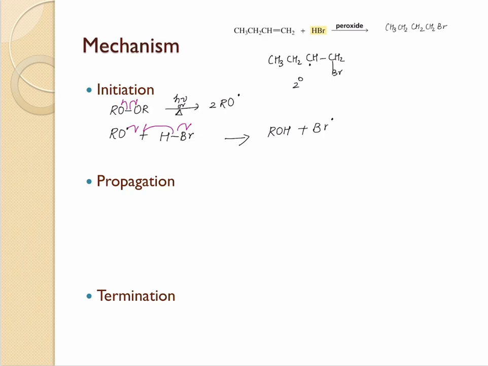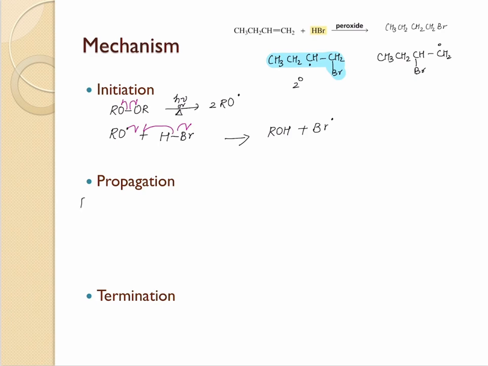If the bromine radical gets added to this carbon, then it's going to result in the formation of a primary radical. Now, which one of these is more feasible, or which one is going to be more stable? Yes, of course, it is going to be the secondary radical that's going to be more stable. So we are going to proceed with the reaction with that.